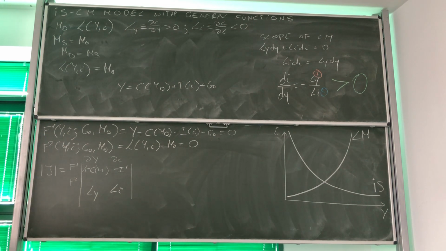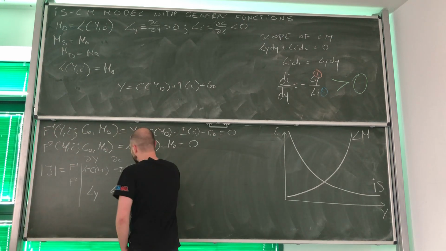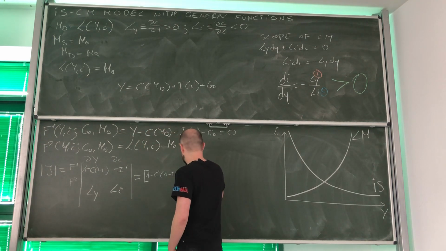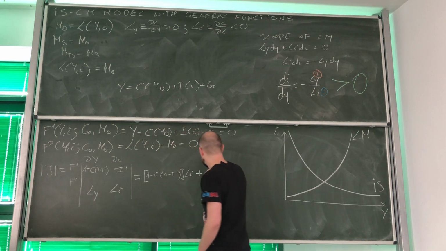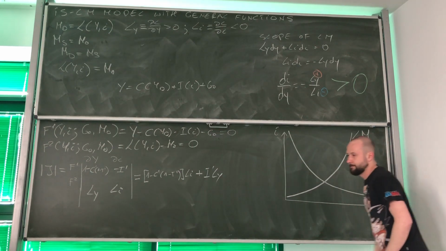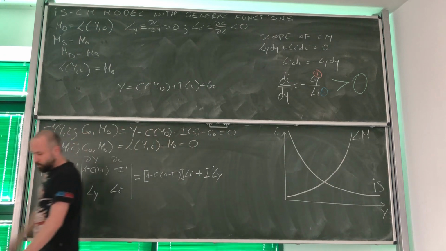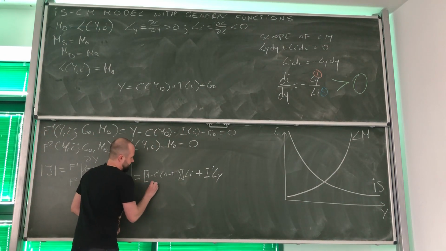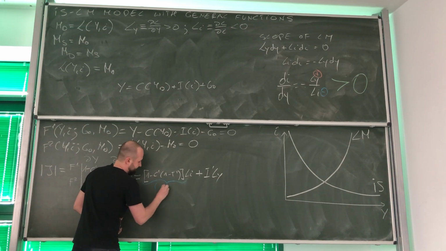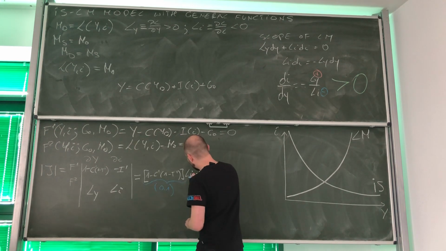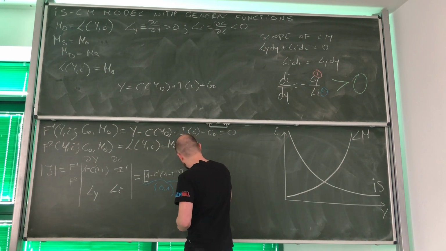So, now I just need to calculate it, and it turns out that this is equal to (1 minus c prime)(1 minus t prime) Li plus I prime times Ly. Now, what do we know about these expressions? Well, we definitely know that this is between 0 and 1. We definitely know that this one is negative.